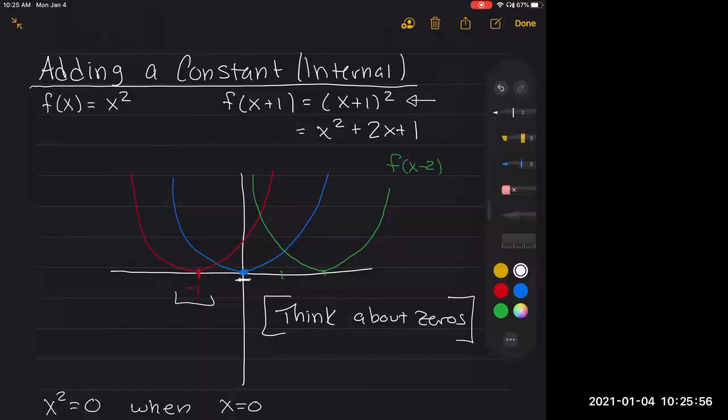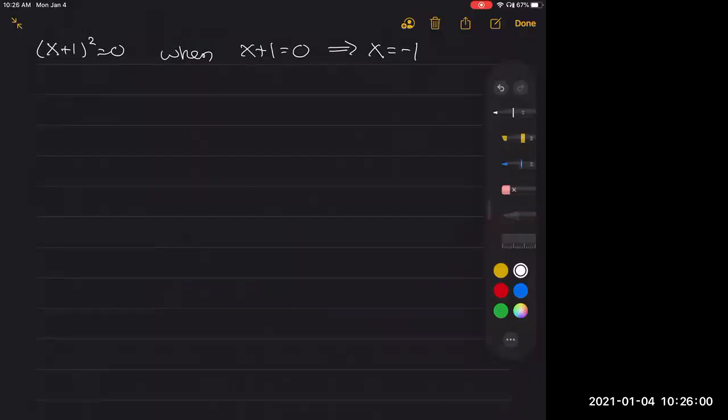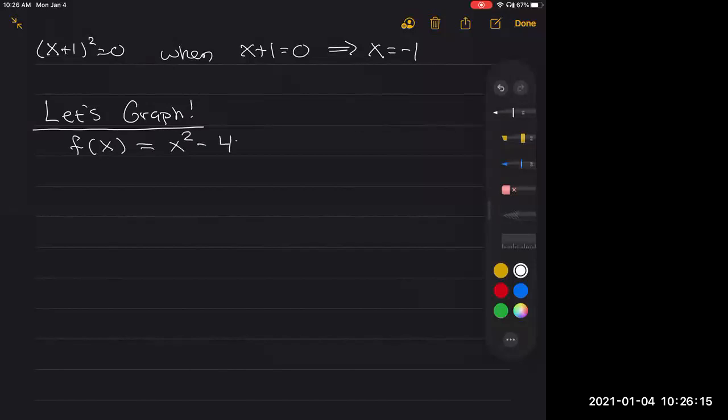So now that we have all of these tools, let's graph a more complicated function. So if we have f of x equals x squared minus 4x plus 1, our first step is we're going to complete the square.